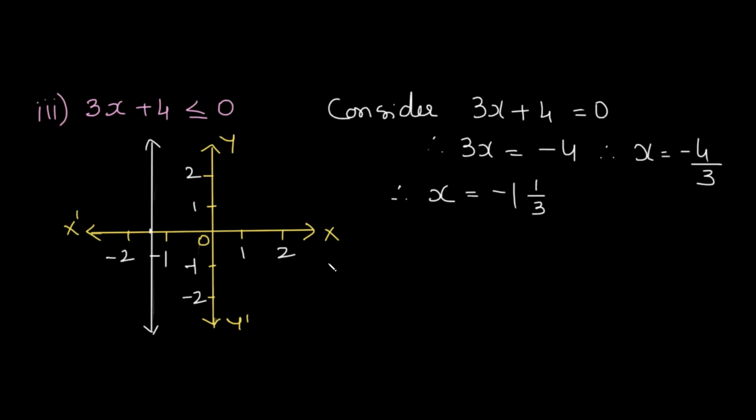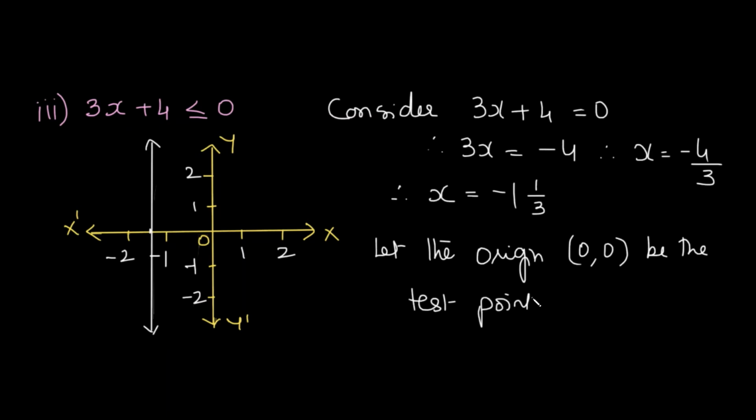And for finding the feasible solution or finding the solution set, what we do is we take the origin as the test point. And therefore, we have 3x plus 4 becoming 3 into 0 plus 4, which is 0 plus 4, that is 4.